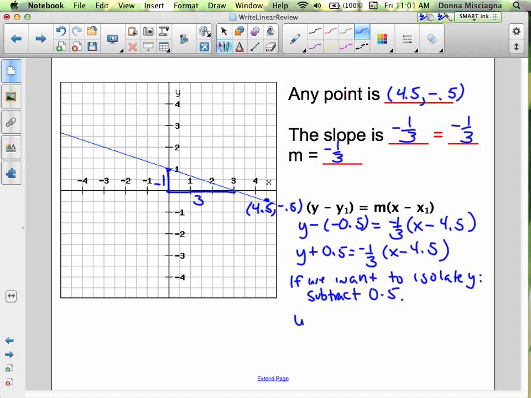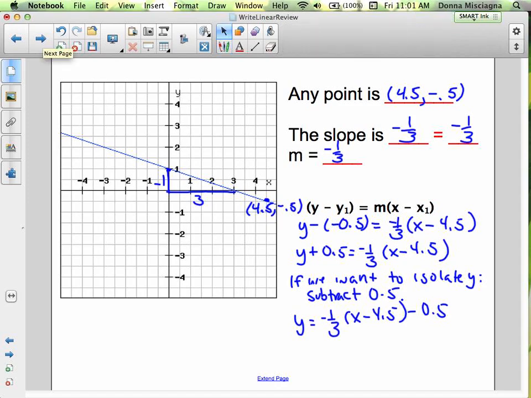So that would be y equals negative 1/3 x minus 4.5 minus 0.5. All right, so we have point slope and a modified point slope where y is isolated.